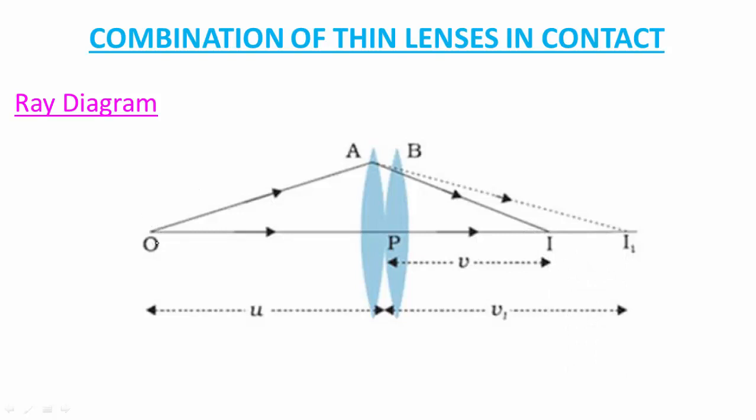This is point object O. Here the image is formed at point I. This image is real because converging of light takes place after refraction. Then what is this I1, or you can take it as I dash? See here, I am going to consider this image I in two stages.